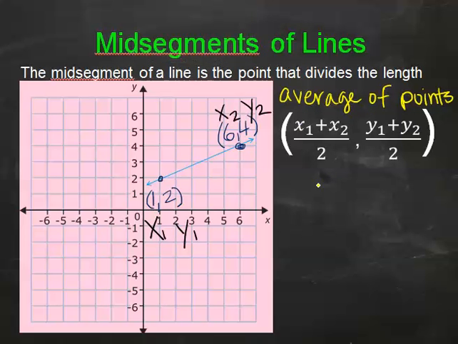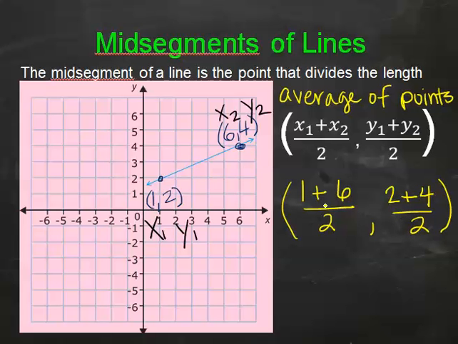So using our formula, my x1 is going to be a 1. My x2 that I labeled up there is a 6. And I want to divide that by 2. And then same thing for my y's. I have my y1, which is a 2, plus my y2, which is a 4, and then divided by 2. So for us here, you have 1 plus 6 is 7, and then 7 divided by 2 would be 3.5.